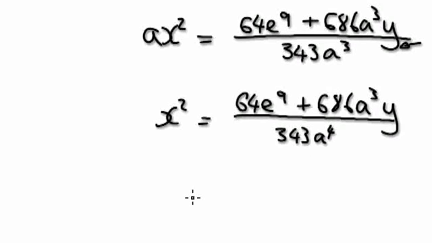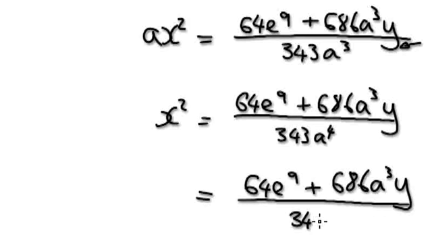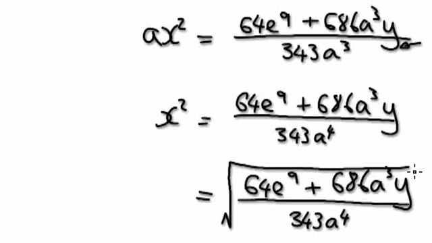Now square root both sides. So you take the whole thing, which is 64e to the 9 plus 686a to the power of 3 y over 343a to the power of 4, and then you just square root it. Okay, and then you're done.